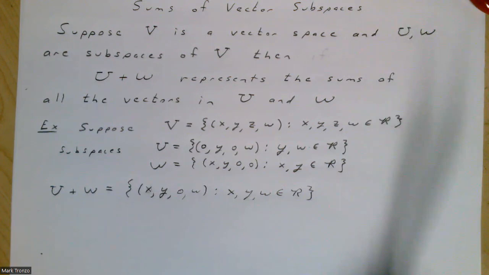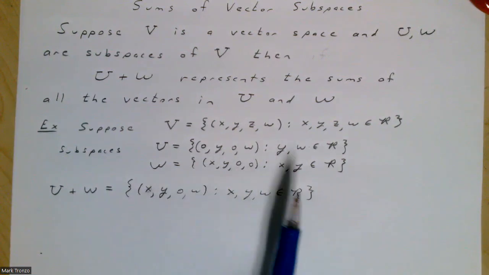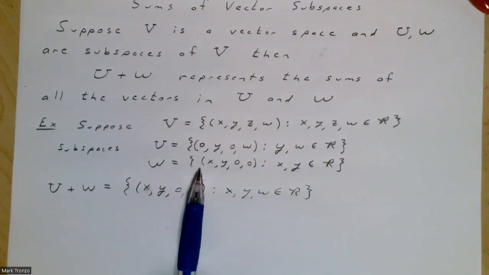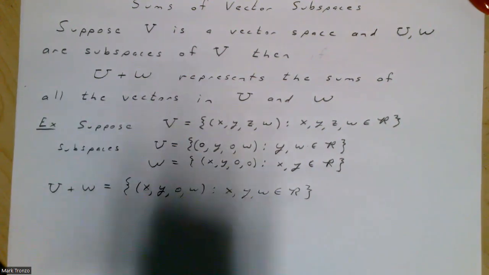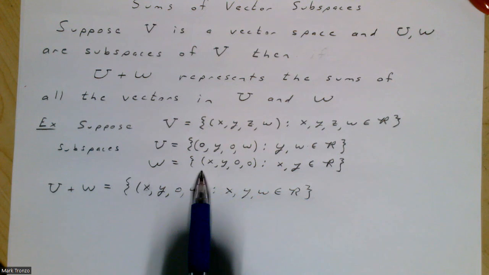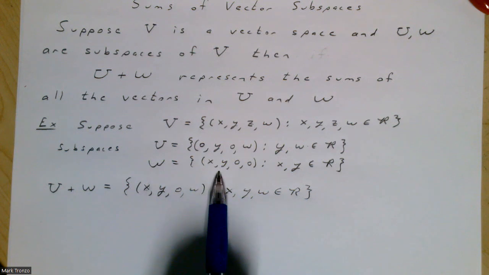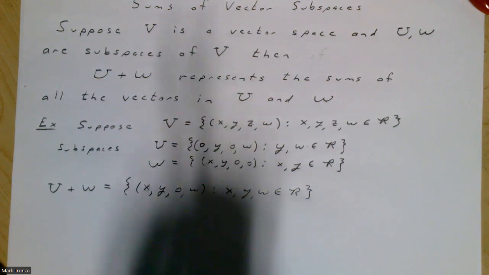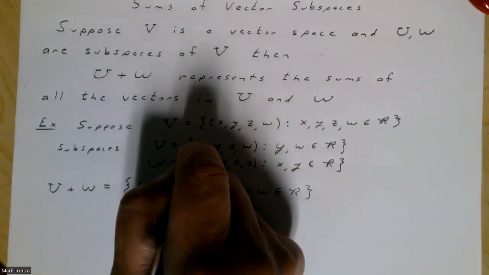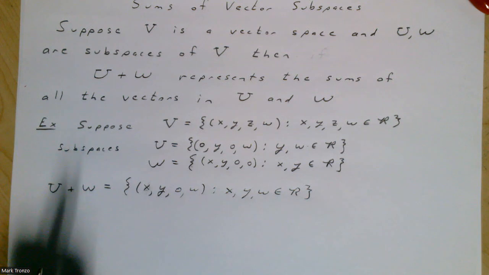It's important to notice that even though we're adding the individual vectors together, we'll still have all the vectors from U in this set, and all the vectors from W in this set, because we're going to be adding 0, 0, 0, 0 to all the vectors in W, and adding 0, 0, 0, 0 to all the vectors in U. So that's called the sum of these two vector spaces.